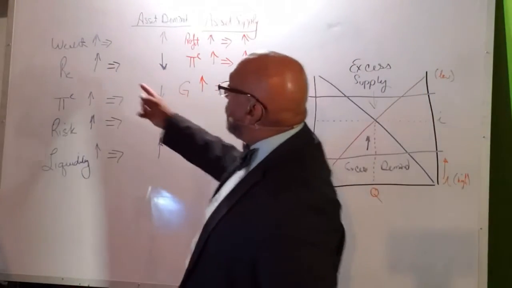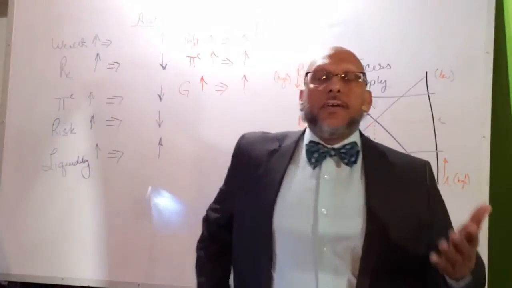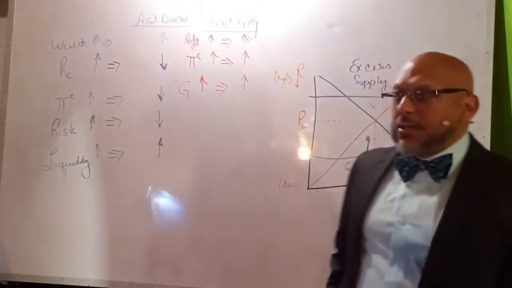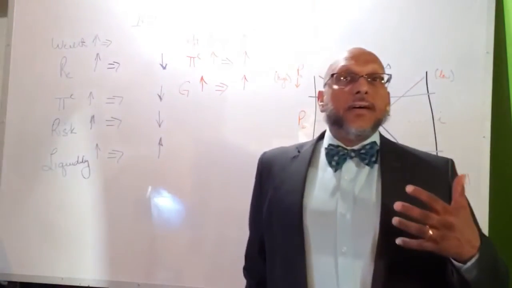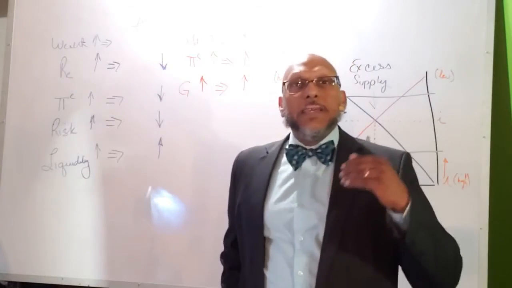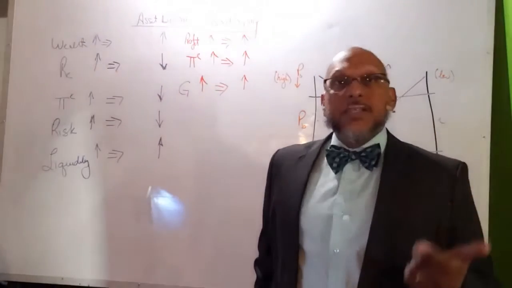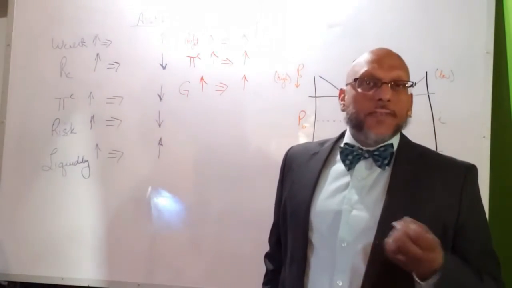So if the wealth is going up, now wealth going up would mean that the value of the dollar is improving, that inflation is going down. If we're talking about the business cycles, there's four parts of a business cycle. There's a peak, there's recession, there's a trough, and then there's recovery.